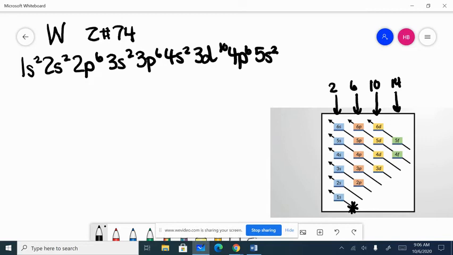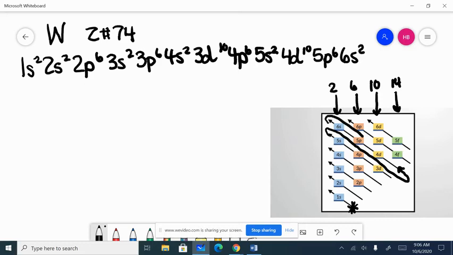Now I'm at the end of 5s2. So after 5s2, I'm going to go to 4d10, 5p6, 6s2.